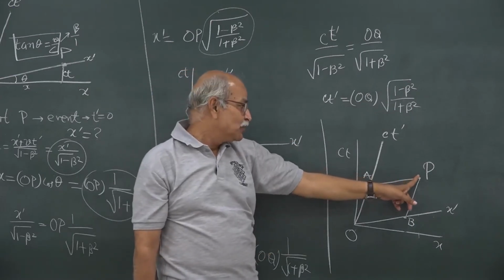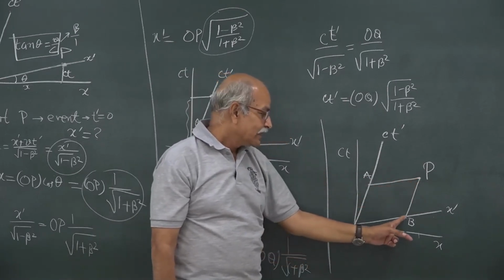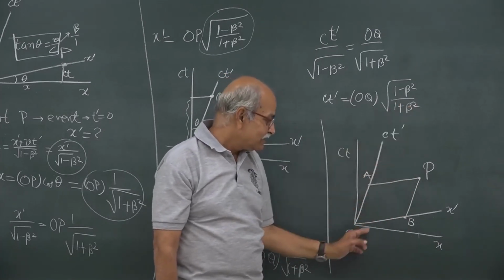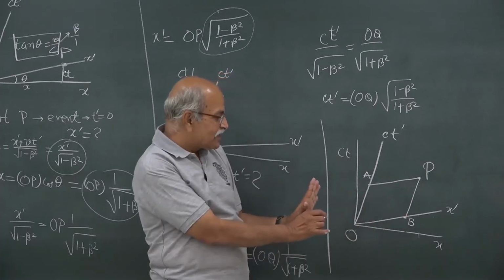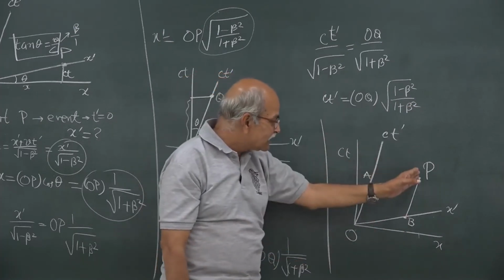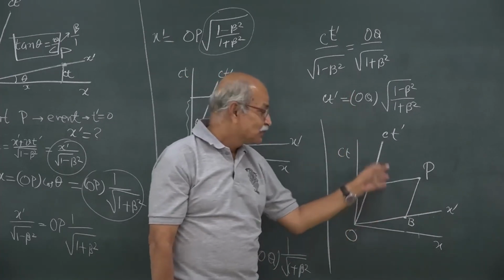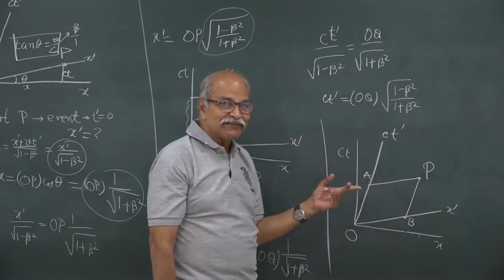Similarly, if you take this one OB, multiply this length OB by this factor and you get x prime. So, purely geometrically, if you know the coordinates x and CT in S frame, you immediately know, doing very simple geometry, what is x prime and what is t prime.